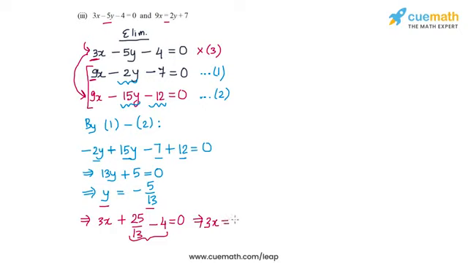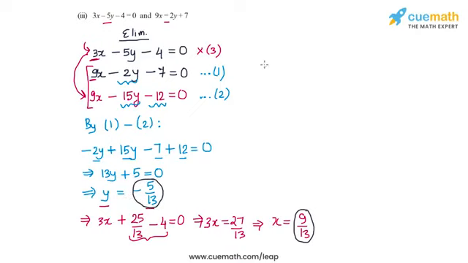So I can take it to the right side. So that's 27 by 13. So 3x is equal to 27 by 13, or x is equal to 9 by 13. So the solution to this pair of equations is x is equal to 9 by 13 and y is equal to minus 5 by 13.